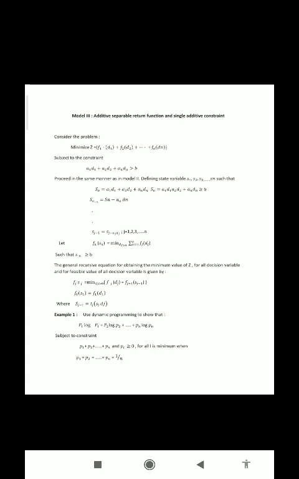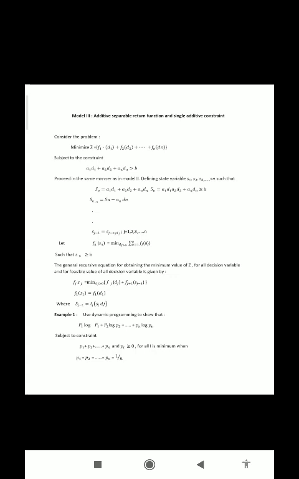In the nth stage, we shall define the recursive equation as fn star of sn, or fn of sn, equal to minimum of fn of dn plus fn minus 1 star of sn minus 1.